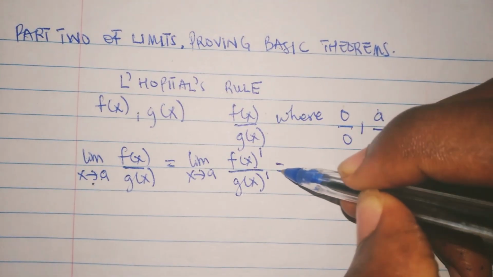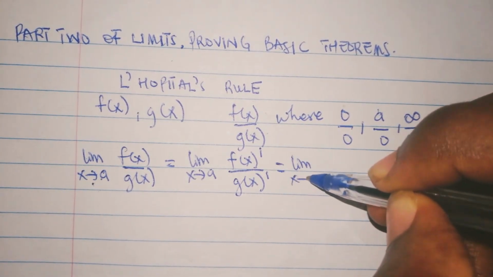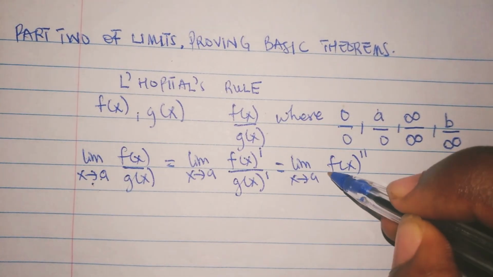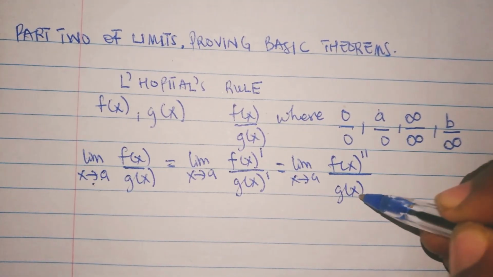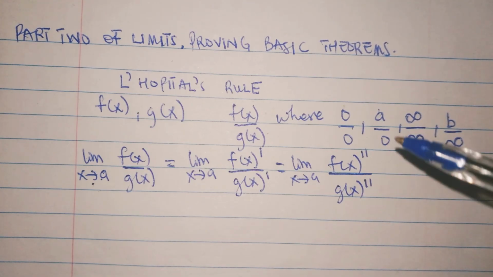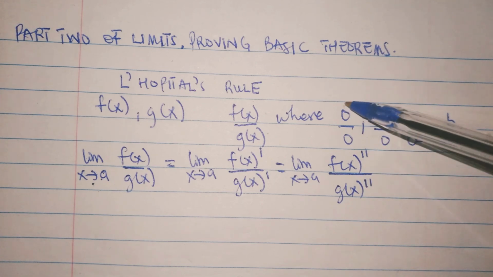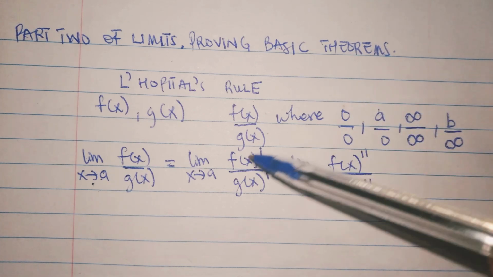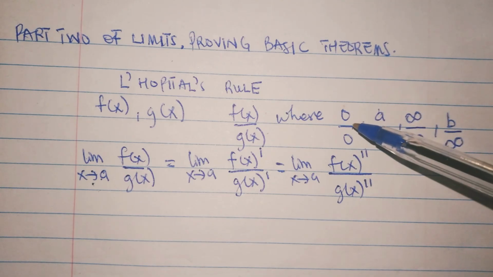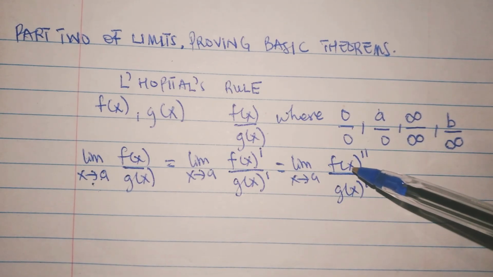So you can get the limit as x approaches a of the second derivative of f of x over the second derivative of g of x, and you can also go to a third derivative, a fifth derivative, until none of these conditions remain in your approach. Until then, you keep on differentiating.